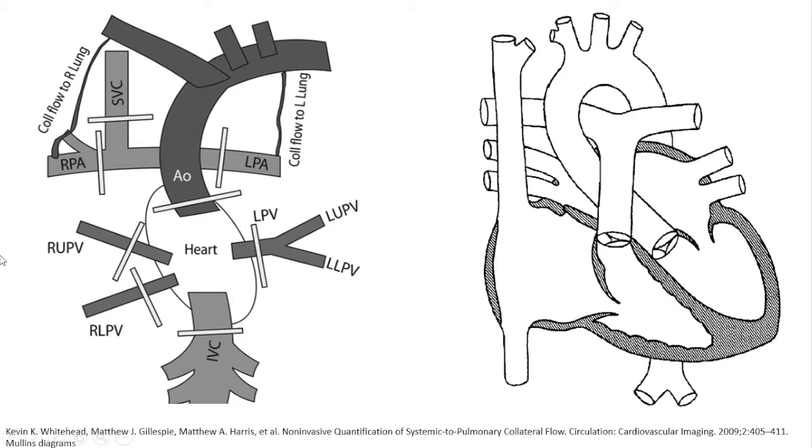Pulmonary veins might be difficult to plan to get perfectly perpendicular planes to the flow, so it's easier to plan them on angiography. The various Q flows then obtained can either be plotted in a diagram like this. This is called the Mullins diagram, which is available on the net, or we can put it in a tabular form.